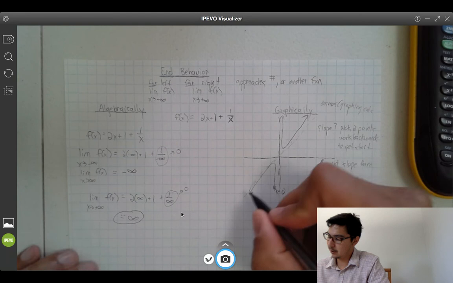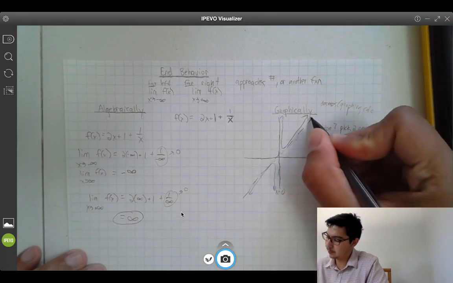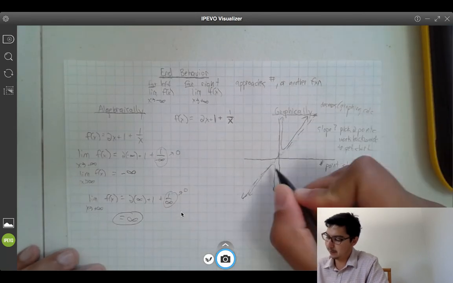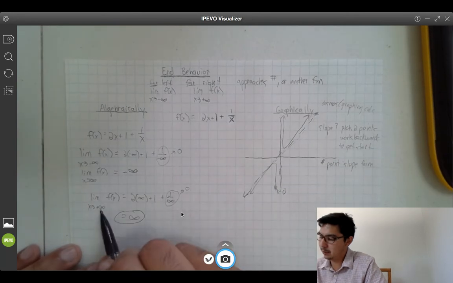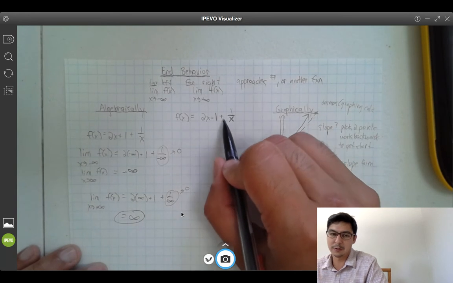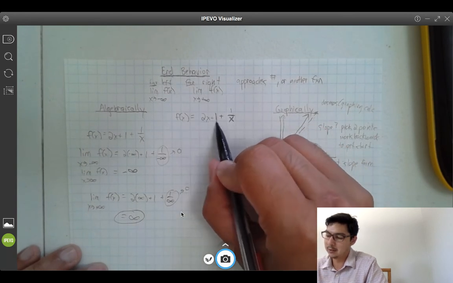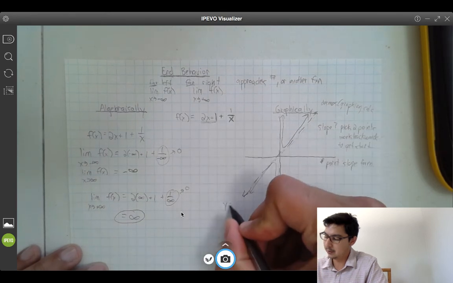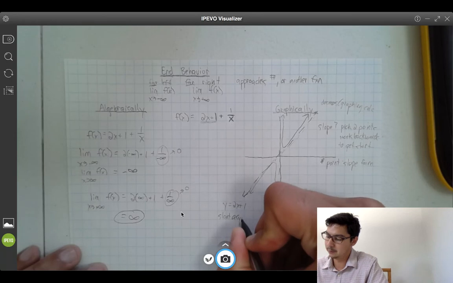But if you wanted to know, looking back at this graph, what line is it approaching? We know it's approaching a line. If you want to be more specific, what line is this? What's interesting is that at infinity, the 1 over x part just disappears. It doesn't matter in the long run. All that actually stays is the function right here. So this line is y equals 2x plus 1, which is a slant asymptote.